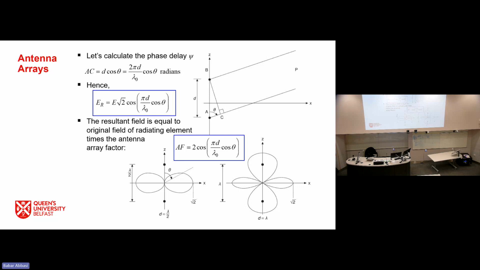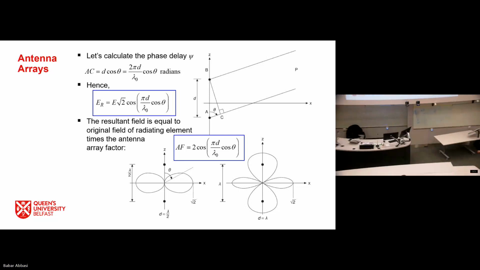So I'm connecting this expression with the expression in the last slide, and my resultant ER will be a cosine function within a cosine function. It looks a bit weird.